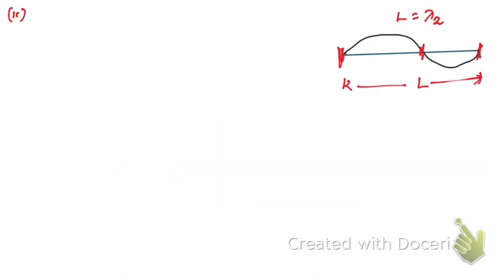Now here, second normal mode of vibration. We used to call it first overtone or second harmonic.